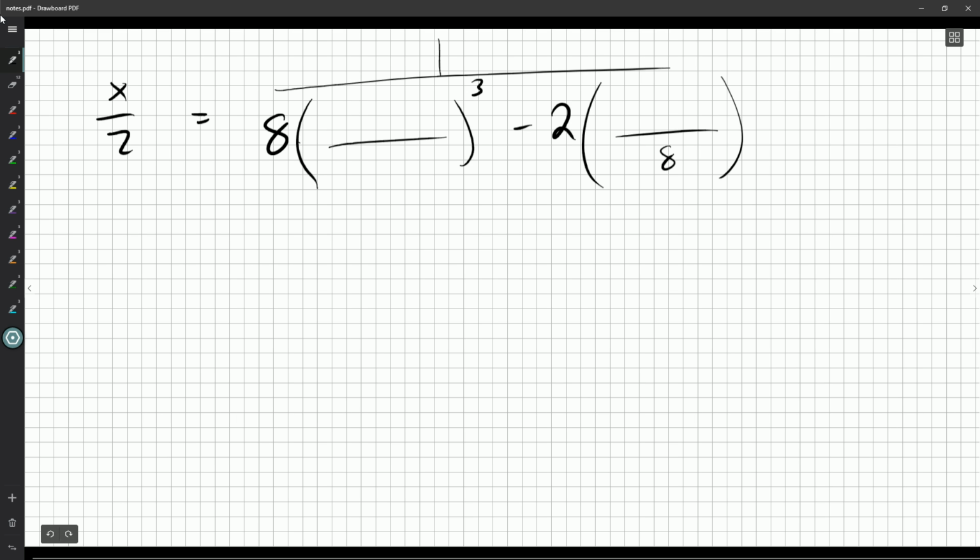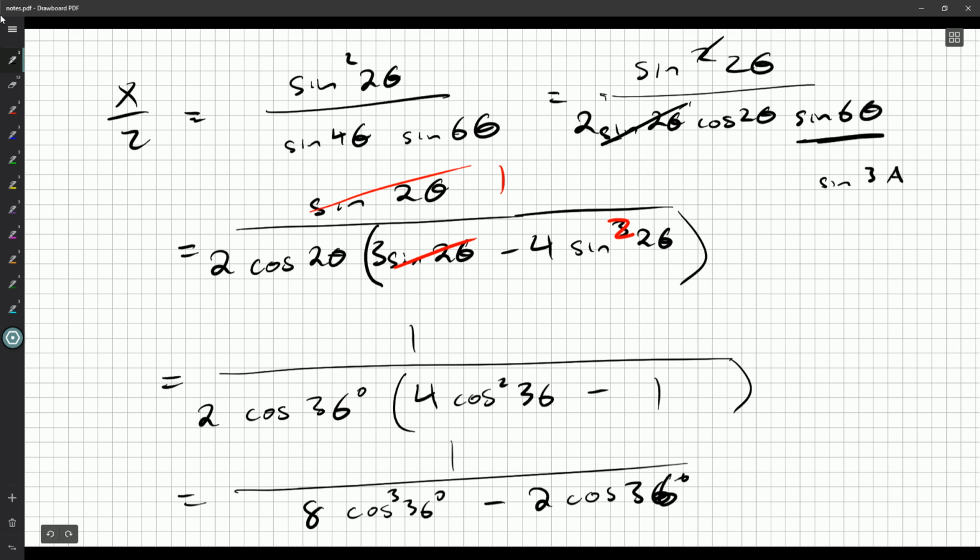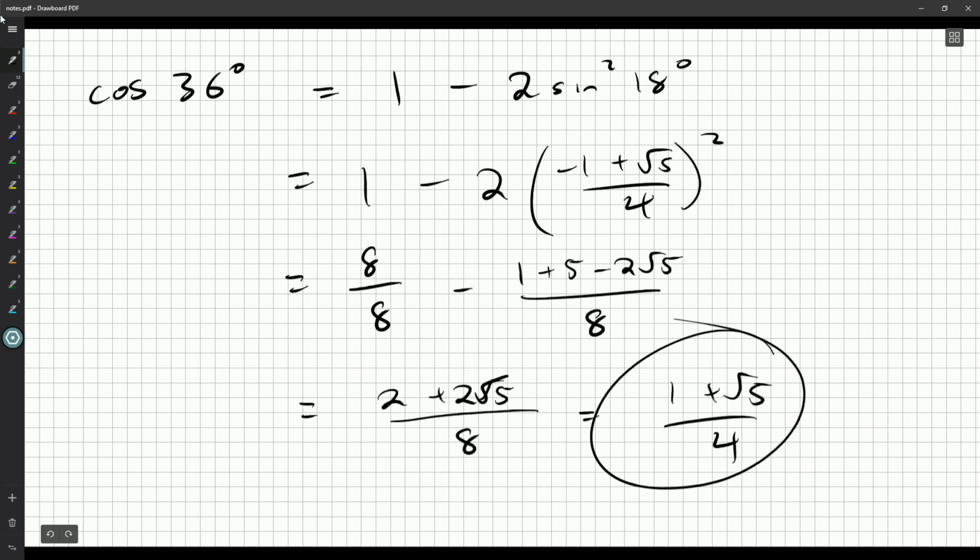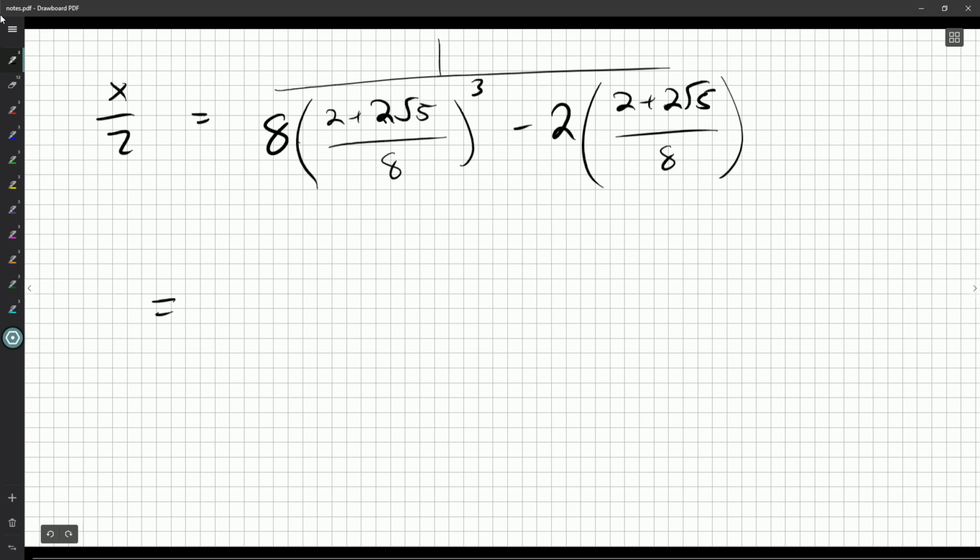So they were over 8, over 8. 2 plus 2 root 5, 2 plus 2 root 5. I may have to go back and double check this work. I'm not liking how big some of these numbers are and this cube and everything, but we'll roll with it. Yeah, looks like it'll be okay, I think.